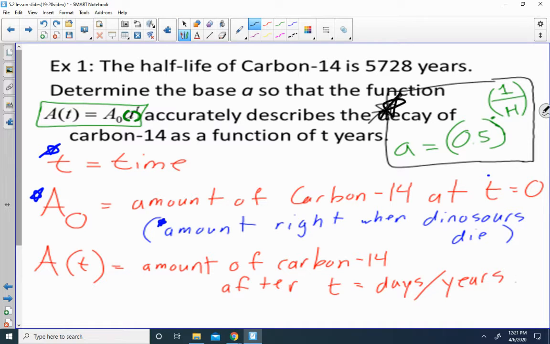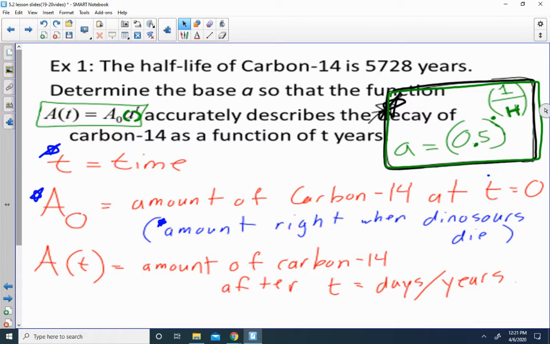It's right over here. To find little a, you take 0.5 and raise it to the power of 1 divided by h, where h is the half-life that we talked about in the previous slide. So I'm going to first get you familiar with how to compute this little a, and I'll show you how to do that on the next slide.